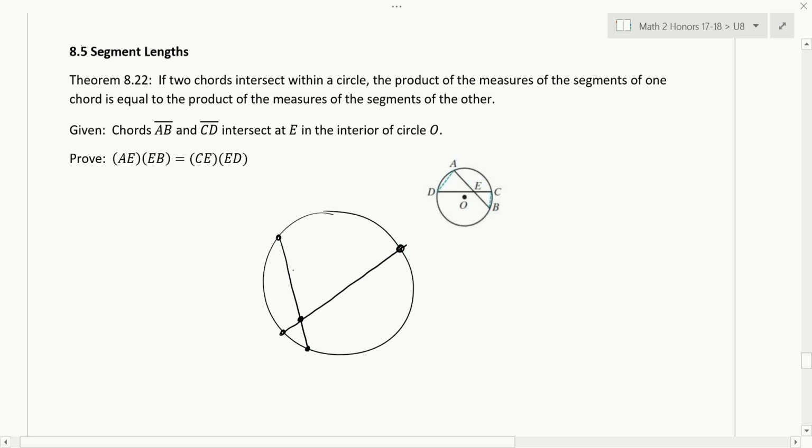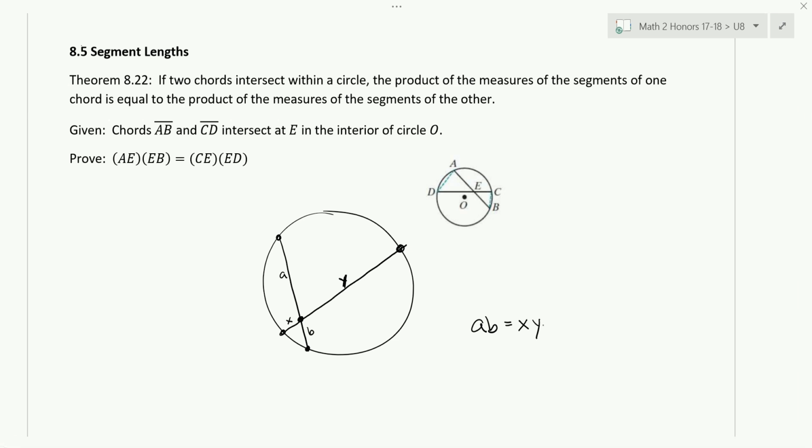If I say this small segment is length x, and this other segment is length y, and the other chord is cut into length a and length b, then if you multiplied a and b together, you get the same product as if you multiplied x and y together, no matter what. So it's kind of an interesting application.